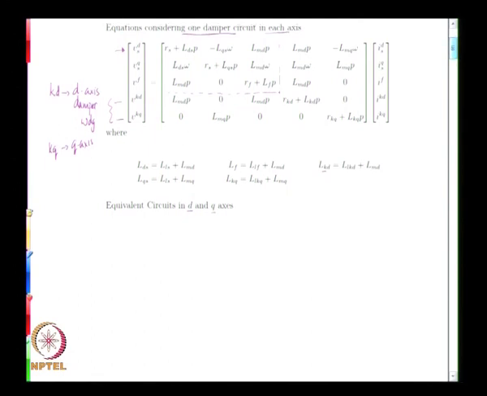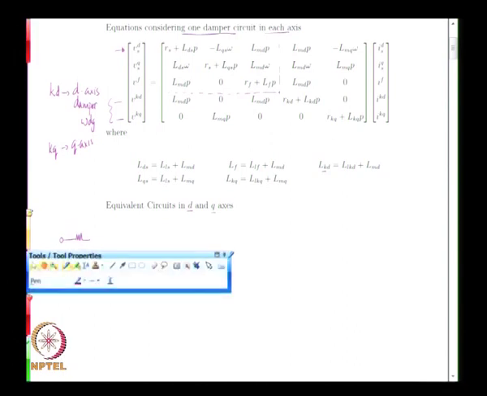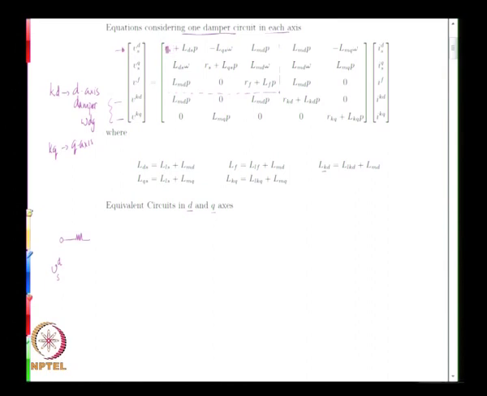We take a look at the first equation, Vds. We see that it can be represented as, here is your Vds that is being consumed in a stator resistance and then an inductance of the stator. So, one can see that Vds is Rs into Ids.